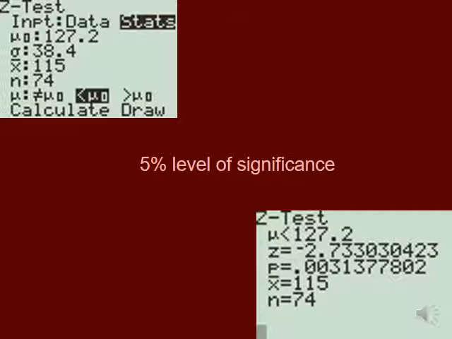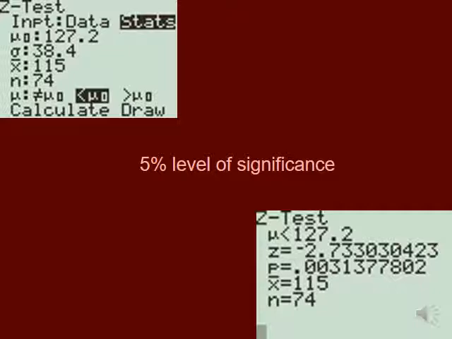The very last questions that you'll be asked often will say, what's the p-value? And here, I would accept a range of answers, but what I would probably put is 0.003. And then finally, every one of these questions is going to basically say yes or no, is this a significant result?